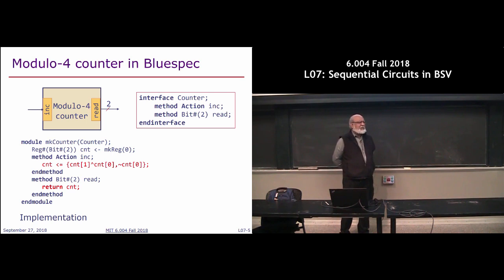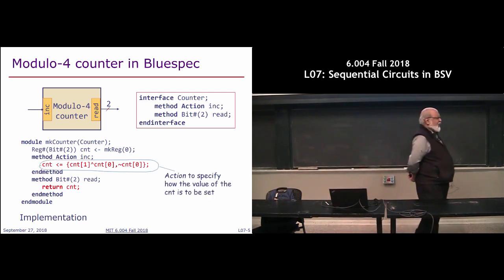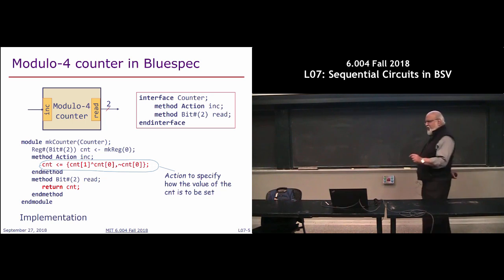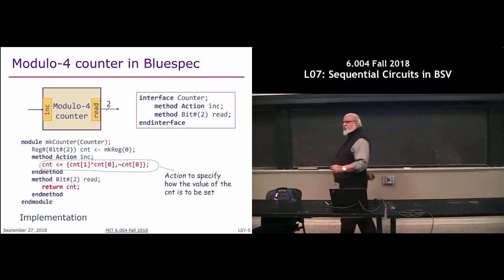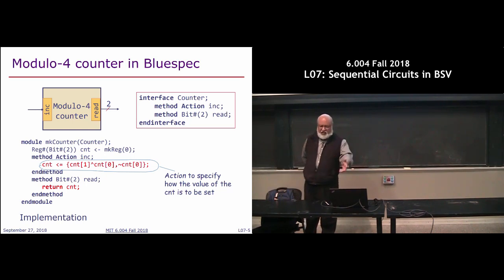Does anybody remember what the definition of this increment was from last time? So what I'm writing here is an action, right? Any time you have to set the value of a register, it's an action. So this whole thing is an action.